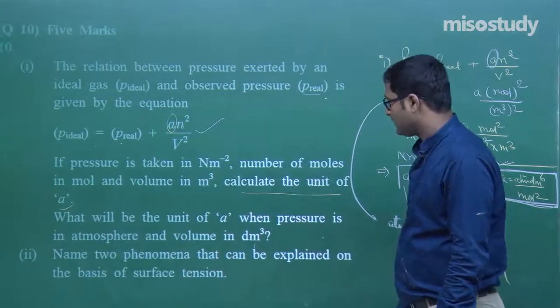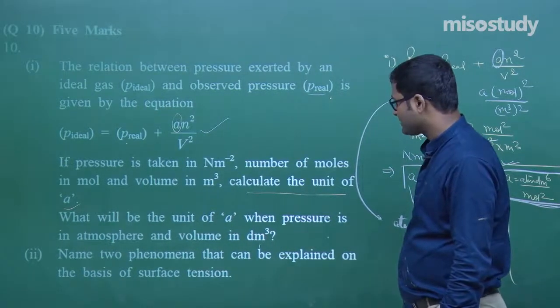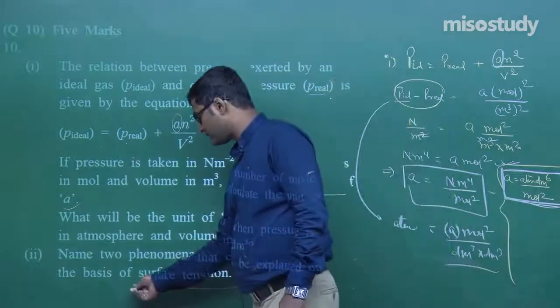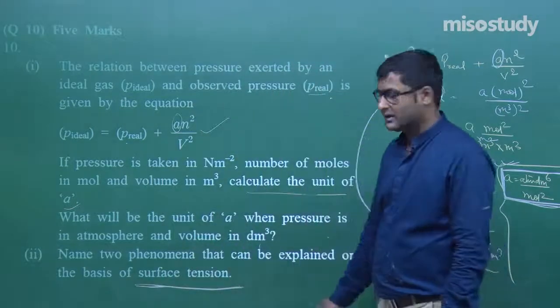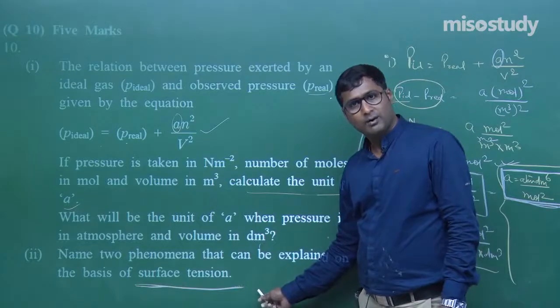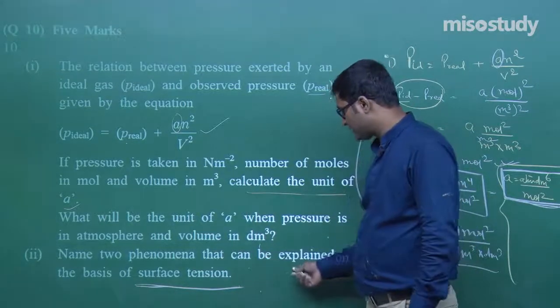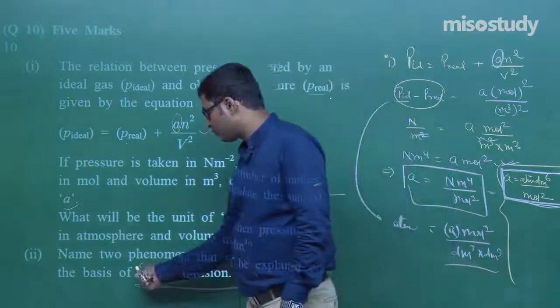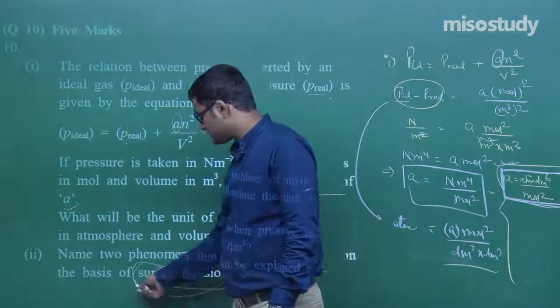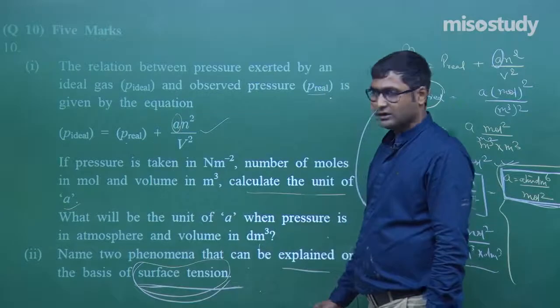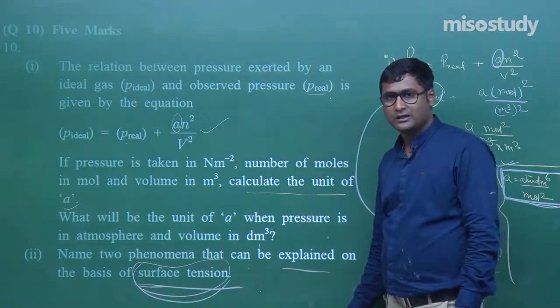Now what is the next part of the question? Name the two phenomena that can be explained on the basis of surface tension. We know the spherical shape of the bubble and the capillary action. This topic basically belongs to physics, surface tension. Still there is a small introduction in your chemistry also, that is the liquid state.